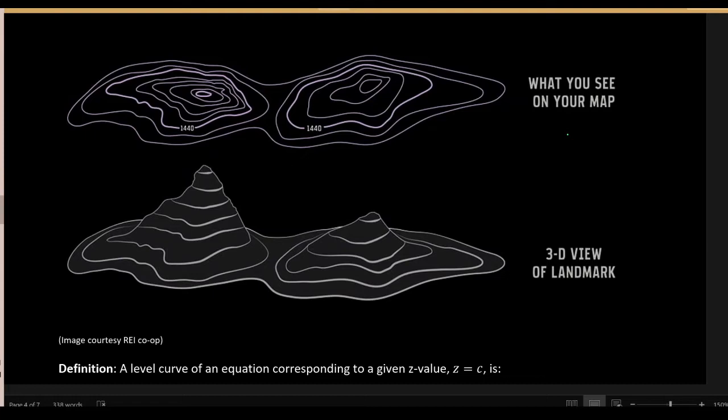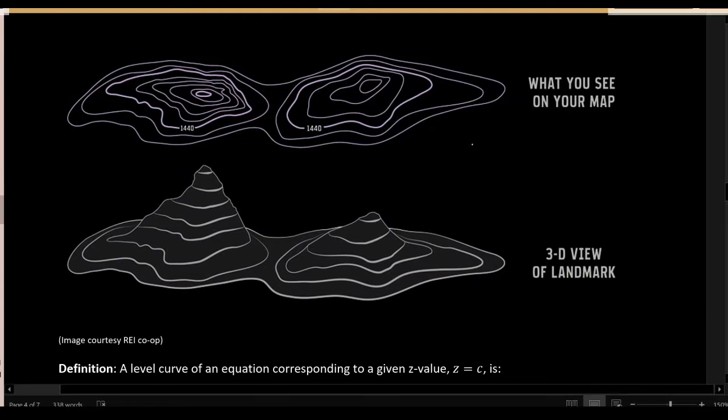So here's an image courtesy of the REI Co-op. If you have a landmark that looks like two hills of these different heights, then the topographical map would represent all these different elevation lines as curves in two-dimensional space. The elevations corresponding to those elevation lines are indicated with just a number that's printed on the curve itself.